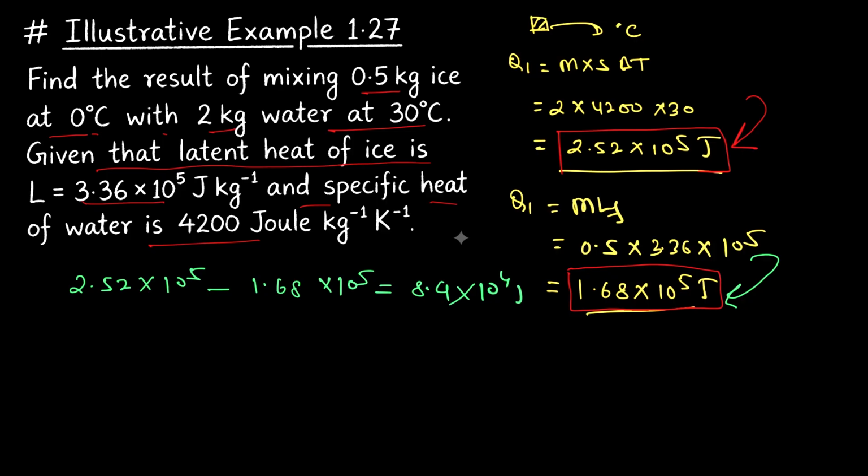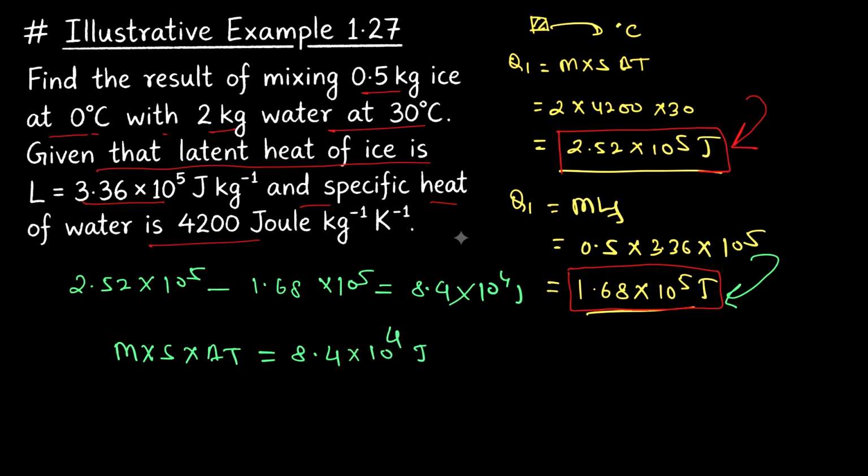Now this much energy is required to increase the temperature of the whole thing, the water plus that ice which also became water. So what is the total water now? 2.5 kg. So I'll write m into s into delta T is equal to this much heat, required to increase the temperature of the whole thing.